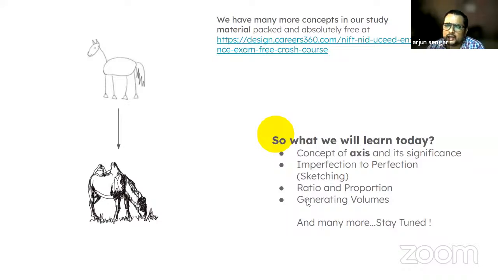Somebody who thinks that I cannot draw properly, or there is still room to improve, we are going to learn how to convert imperfect to perfect. The third thing we are going to observe is the ratio of the proportion. Suppose when we are drawing a human figure or a product, it is very important that we try to maintain the ratio. And lastly, from all the three things, our ultimate target is generating volume.